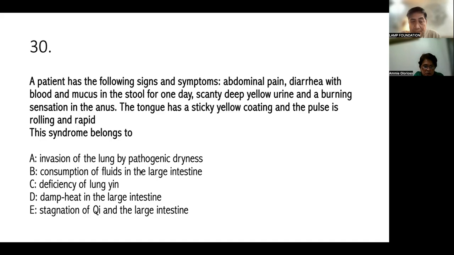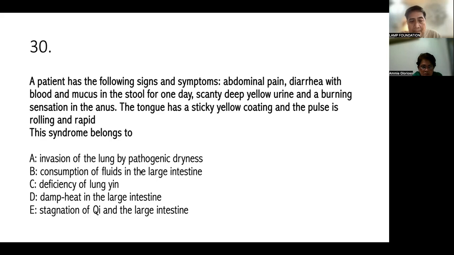It's rolling and rapid. So, which one? The rolling will tell you what? What about rapid? Sa heart po yun. Yung rapid po, heat. Okay, what about rolling?